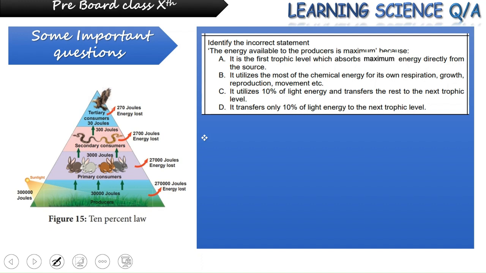Now the life processes include those activities, those pathways which are crucial for survival, like respiration, reproduction and maintenance of their body. So a major amount is used by the individual itself, whereas only a small portion is available to be passed on to the next trophic level.